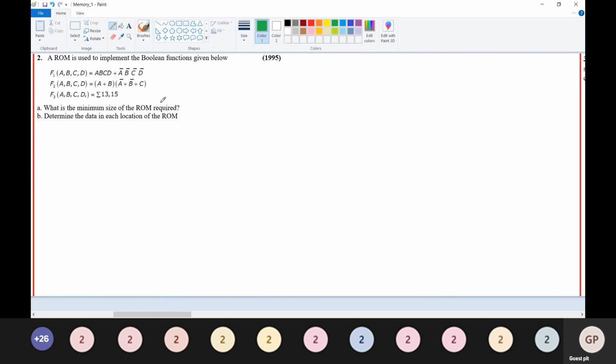In this problem, you are asked to find the minimum size of the ROM required, and second, to determine the data in each location of the ROM. This is a 5-mark question.